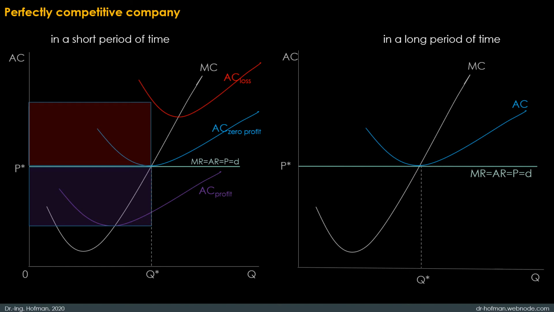When they intersect, we again have Q asterisk, the optimum quantity of the production of the firm, and when it meets the P line, we have also the price, market price.